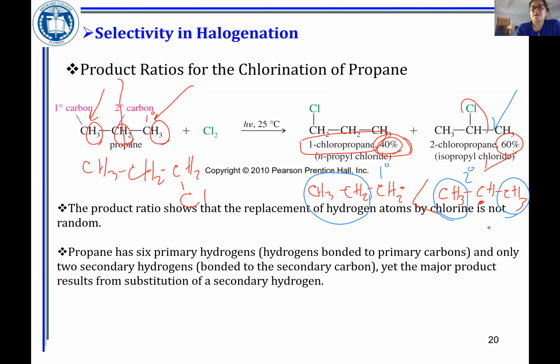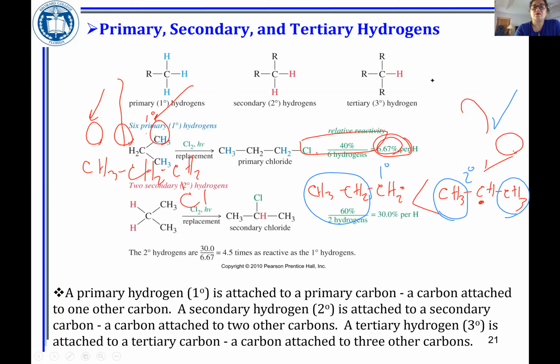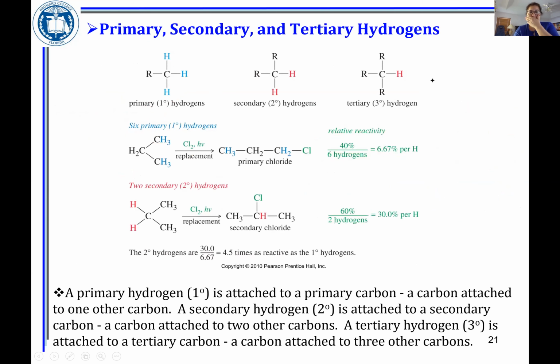Okay, anyone with questions? Anyone with questions about the difference between a primary and secondary, or why we are getting a higher percentage of the secondary? So this calculation here shows that if you consider the number of hydrogen that are primary, 6, versus only 2 hydrogen that are secondary, it makes the matter even more significant, right?